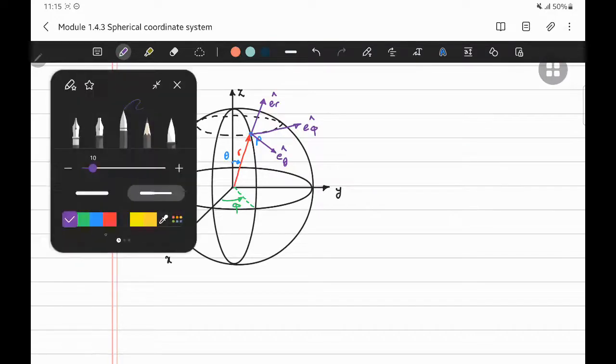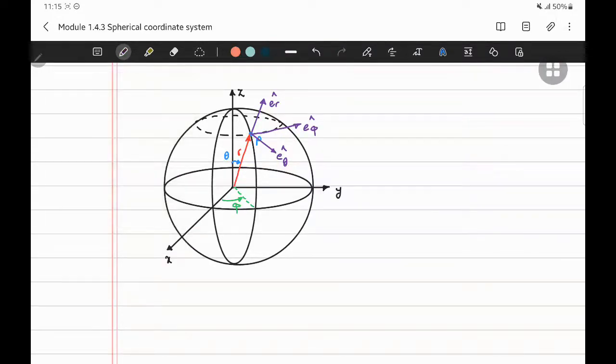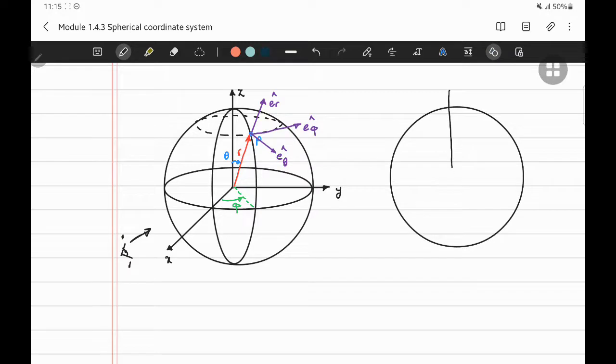So if I just look at this sphere from this point of view, from here, I will get something like this. I have a circle, then I have a coordinate like this.